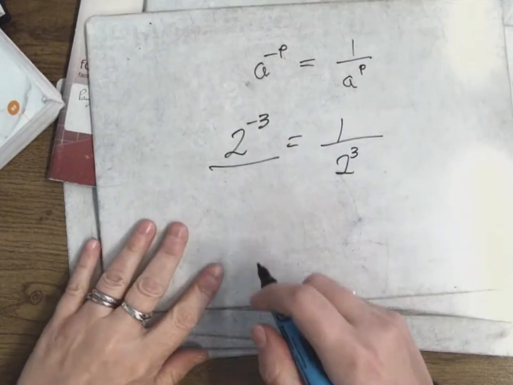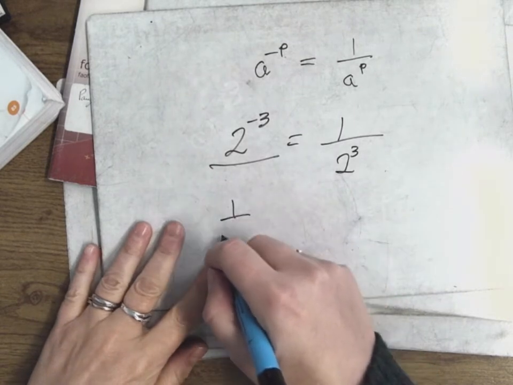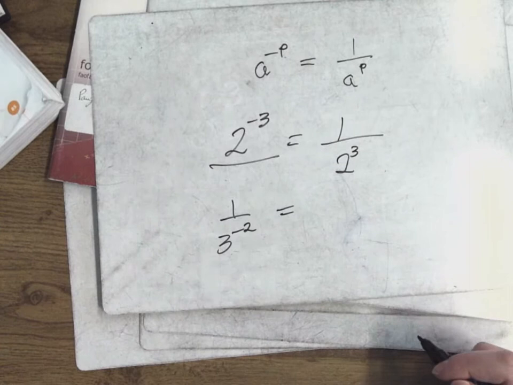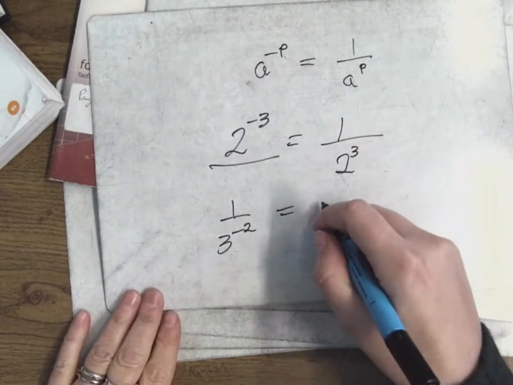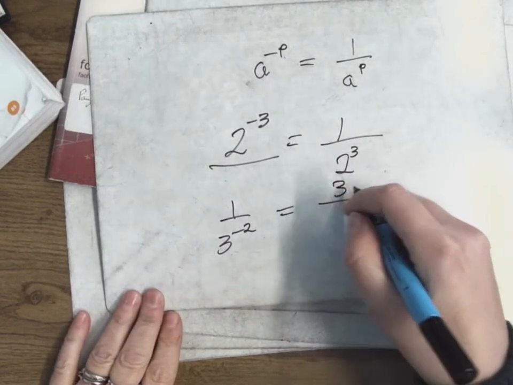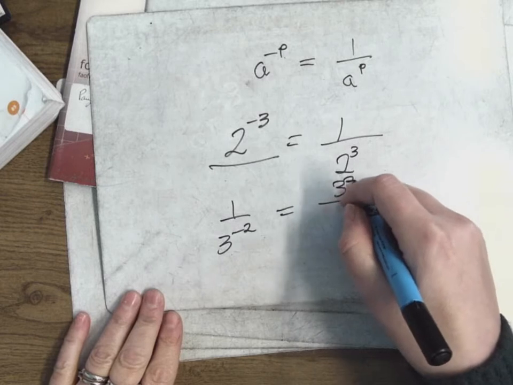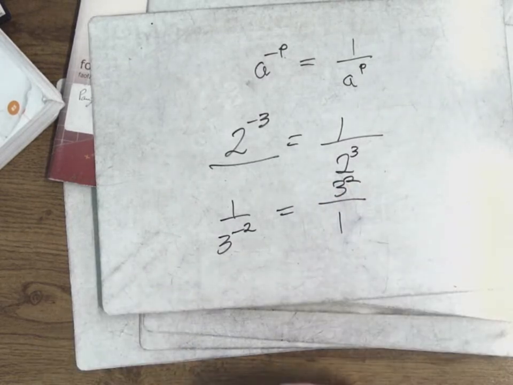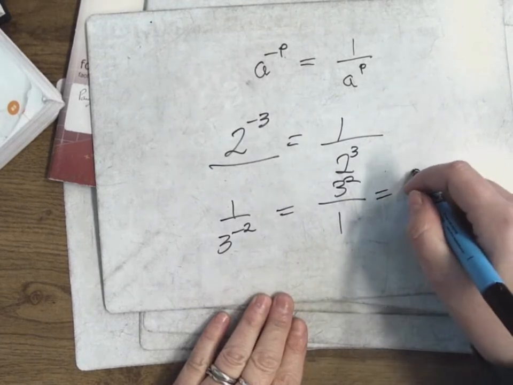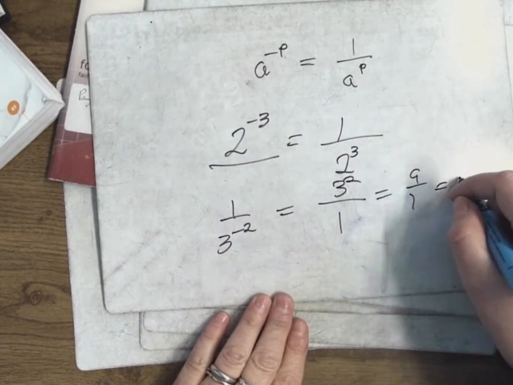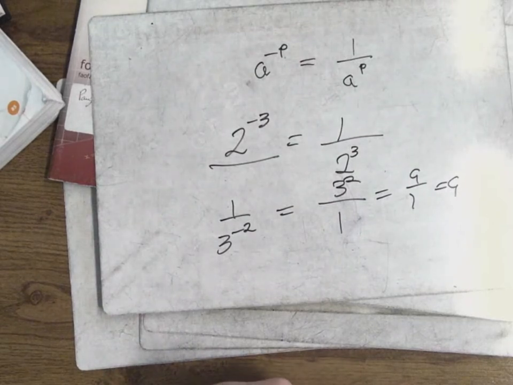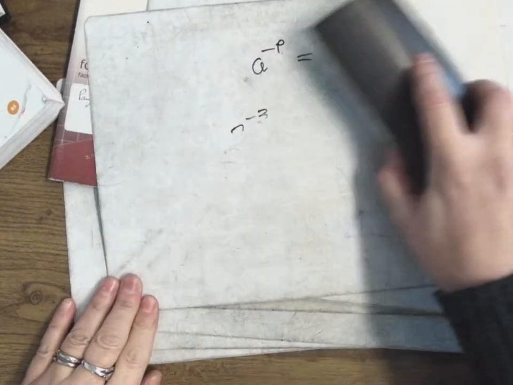So if I have 1 over 3 to the power minus 2, that's downstairs. So I can bring it upstairs and it becomes 3 to the power of 2. There's nothing downstairs, 1. So that 3 squared is 9 over 1, and 9 over 1 is just 9.